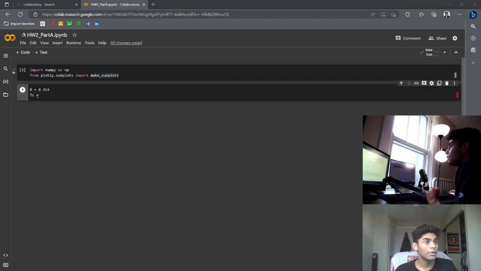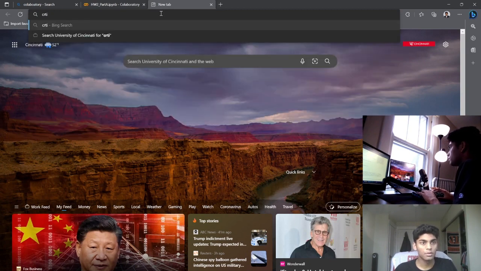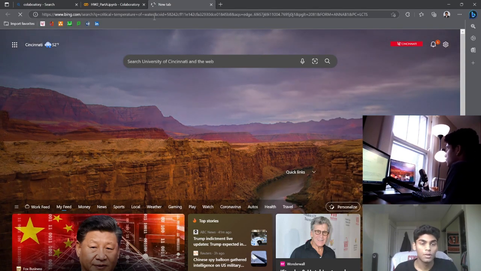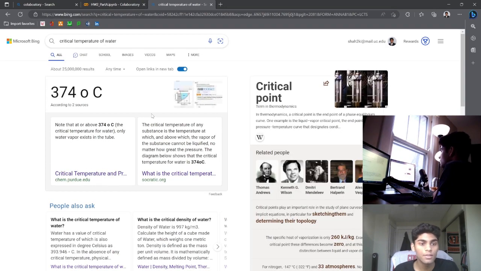Let's just look it up, shall we? Critical temperature of water. It takes a second to load because my computer's doing a million things at once.